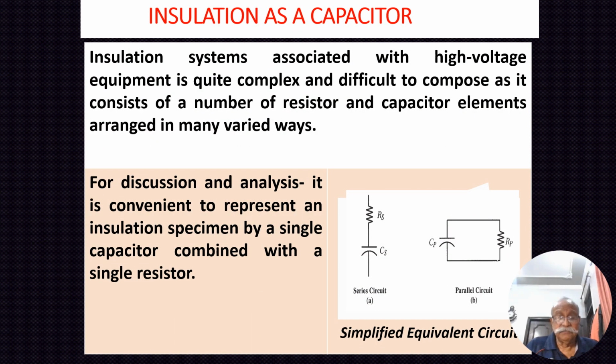Insulation as a capacitor: the insulation system associated with high voltage equipment is quite complex and difficult to compose. It consists of a number of resistor and capacitor elements arranged in many varied ways. For discussion and analysis, it is convenient to represent an insulation specimen by a single capacitor combined with a single resistor.